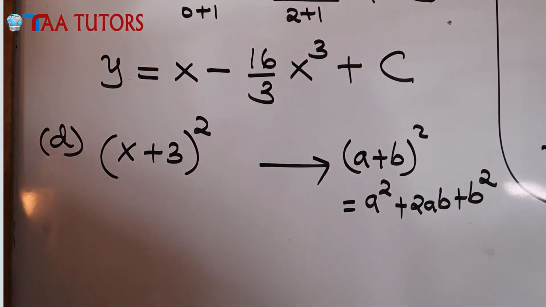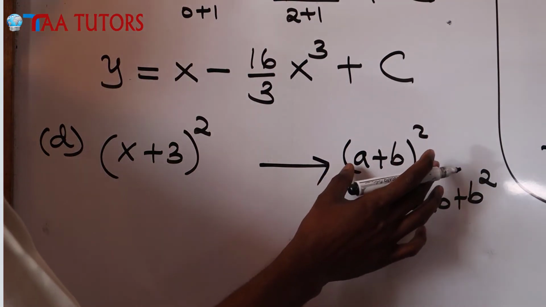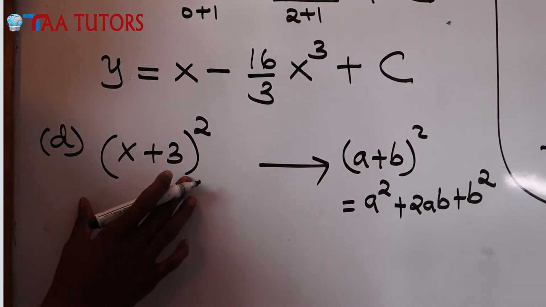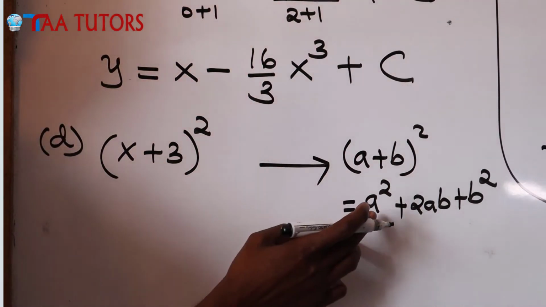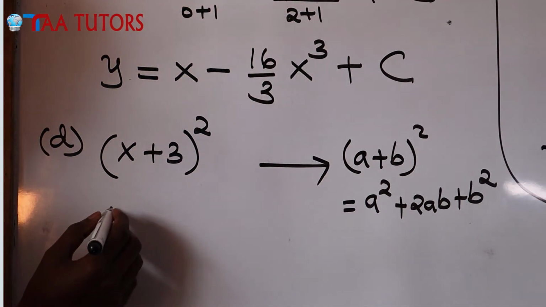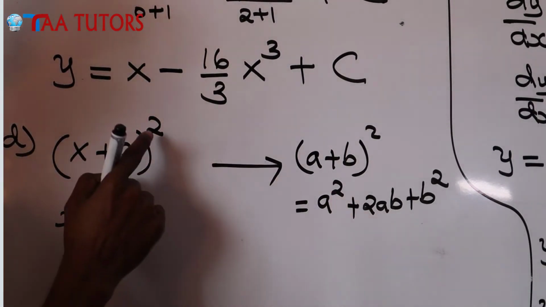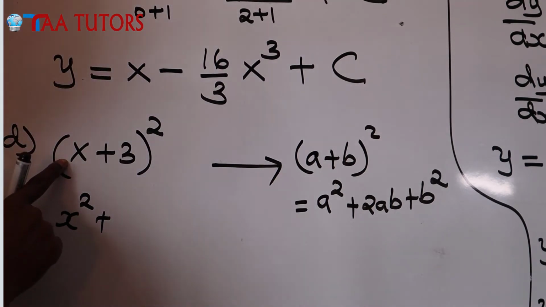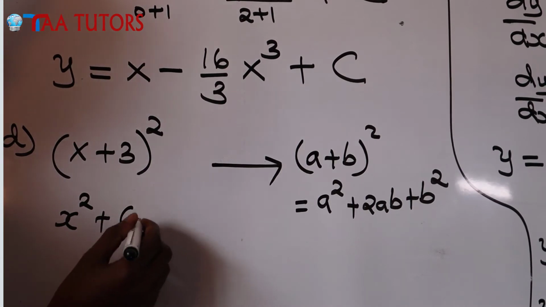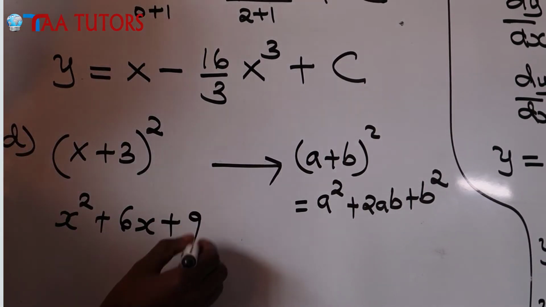That is your Form 2 lesson. If we apply the first quadratic identity here, where x is our a and 3 is our b, then a squared is x squared, plus 2 times a, which is x, so 2x, times b, which is 3, so 2x times 3 is 6x, plus b squared, which is 3 squared, is 9.